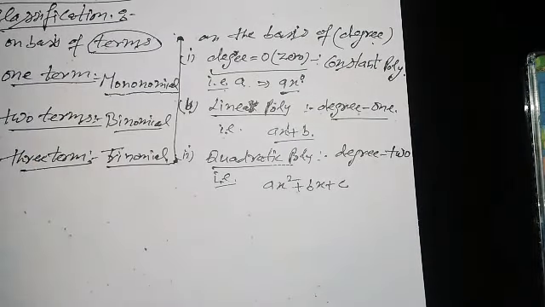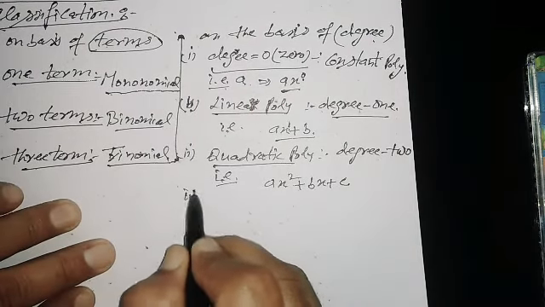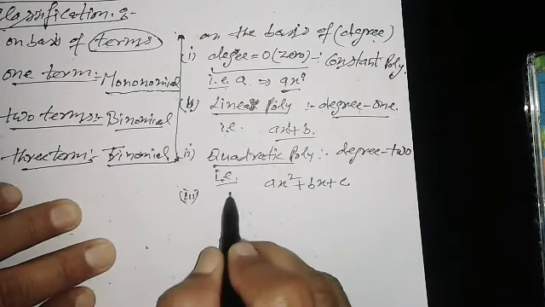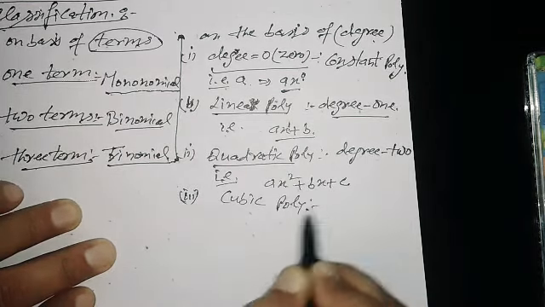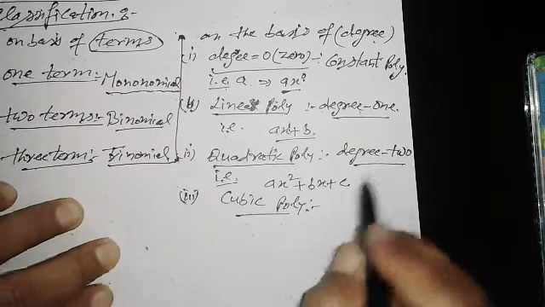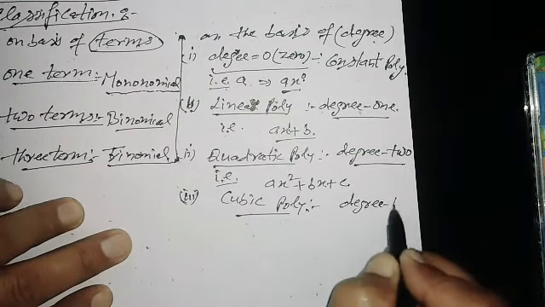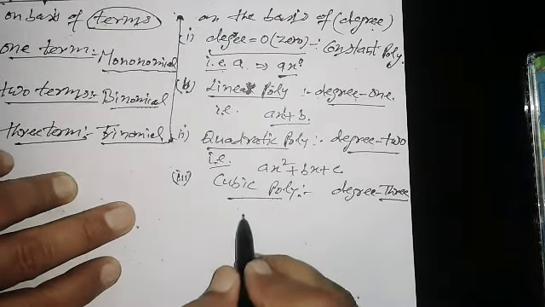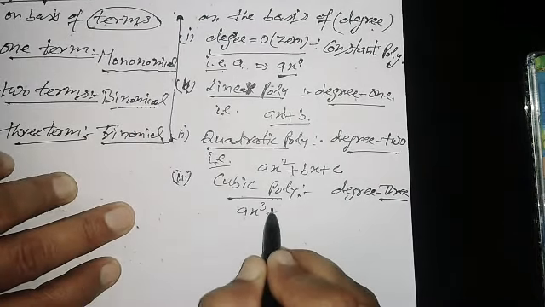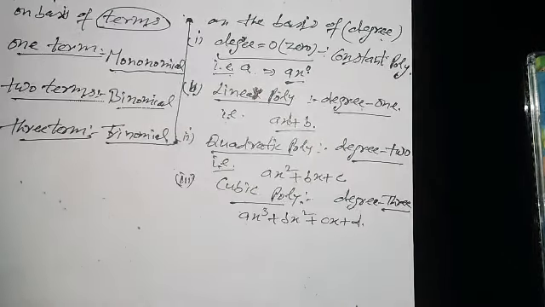This is quadratic polynomial, right? 3, cubic polynomial. If it has degree 3, it is associated with a cubic, ax cube plus bx square plus cx plus d.